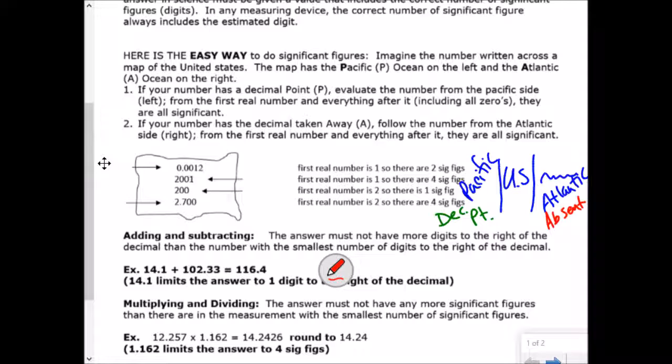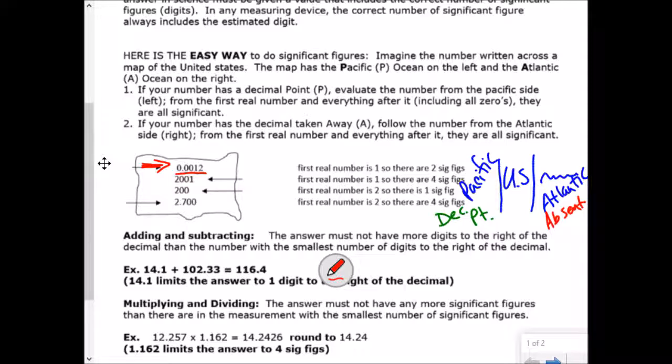So if I'm looking at these examples up here, I look at my first example, 0.0012. Does it have a decimal point in it? Yes, it does. So I'm going to start from the left, the Pacific side. Now, this is the rule. You go along the number until you come across the first non-zero digit.